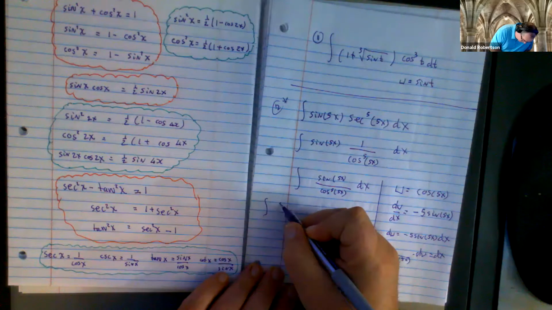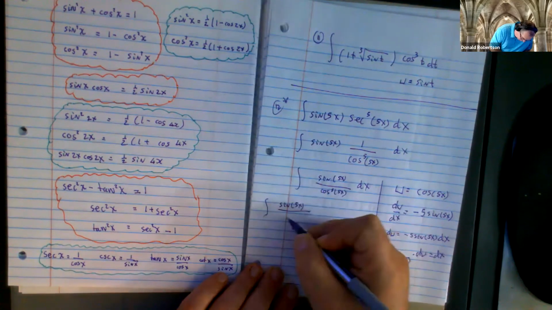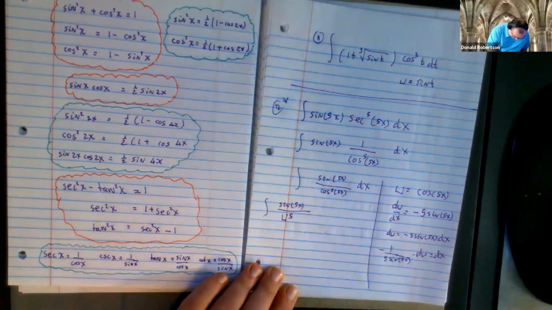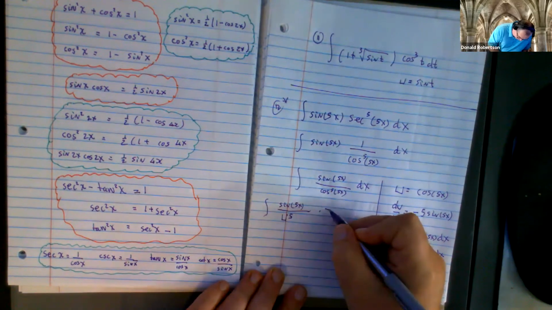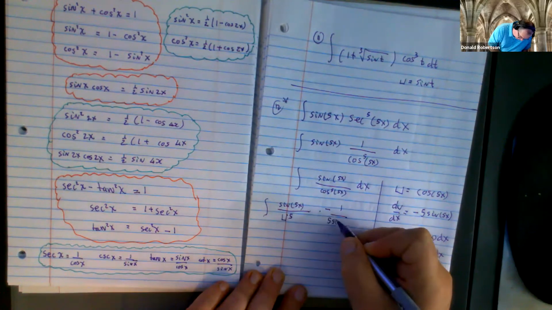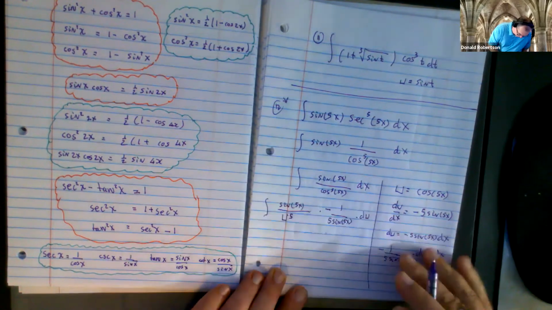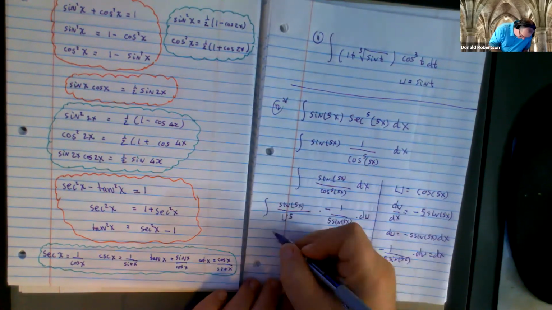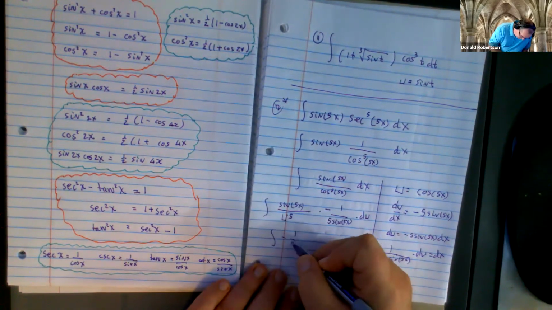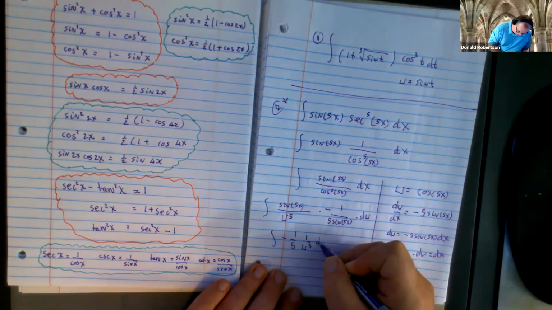We have sine of 5x. That guy in the bottom turns into u to the 5, that's good. Then I'm going to have negative 1 over 5 times sine of 5x and du. The signs cancel, and we get negative 1/5, 1 over u to the 5 du.